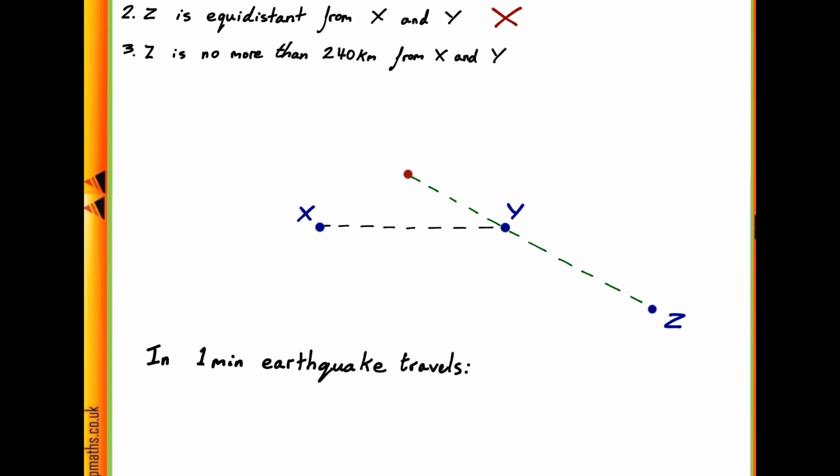In 1 minute, the earthquake is going to travel 240 kilometers. This should look familiar since it's the number we're given in our statement. So if Z is just 240 kilometers from Y, then it's easy to see that X is going to be far more than 240 kilometers from Z, and therefore this third statement has to be false.